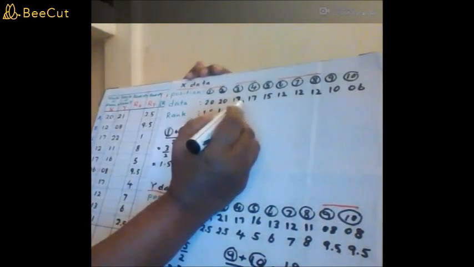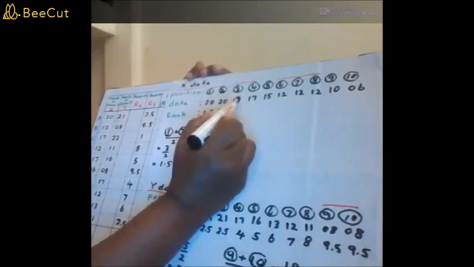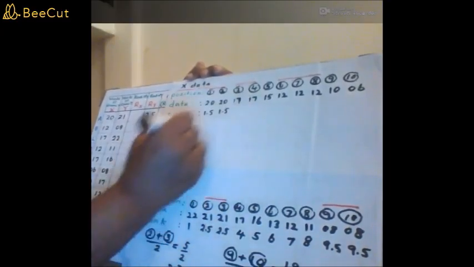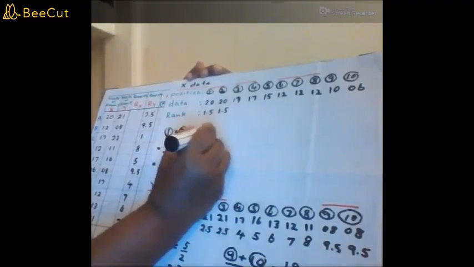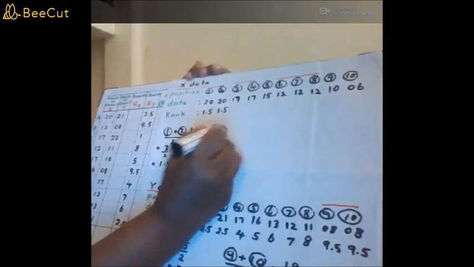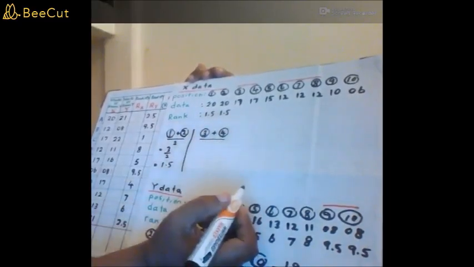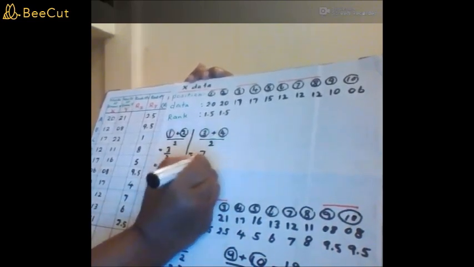17. Can we put 3 here? No. Why? Because there are 2 17s. Once again, you get the third position plus the fourth position, divided by 2, since 2 positions are there. 3 plus 4, 7, divided by 2, that is 3.5.